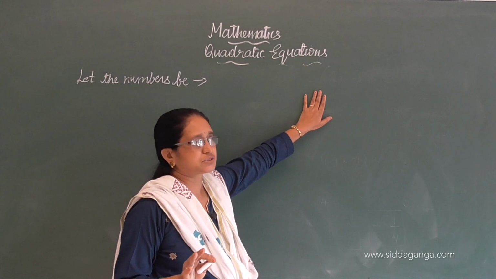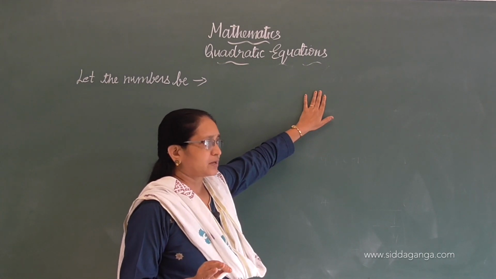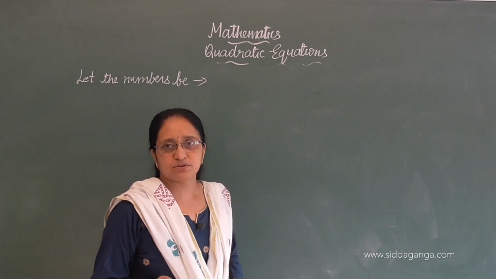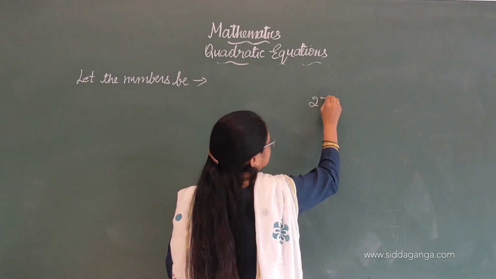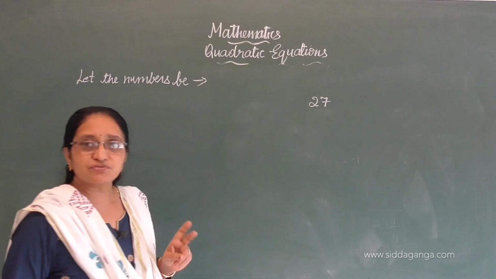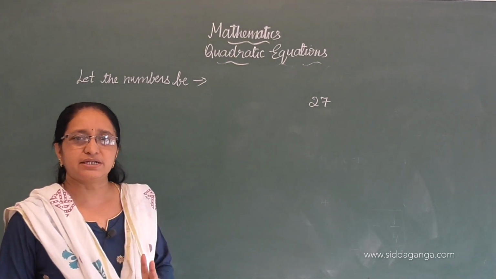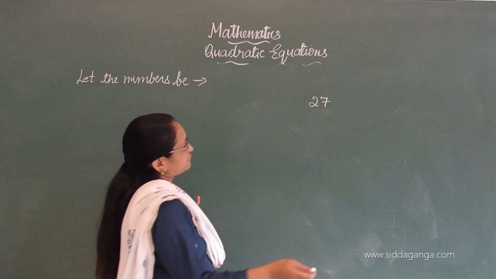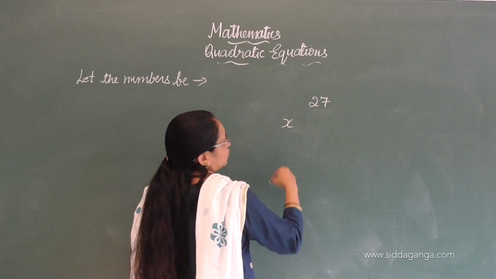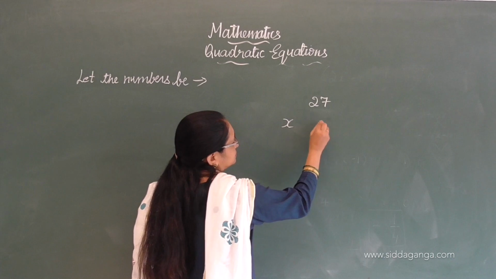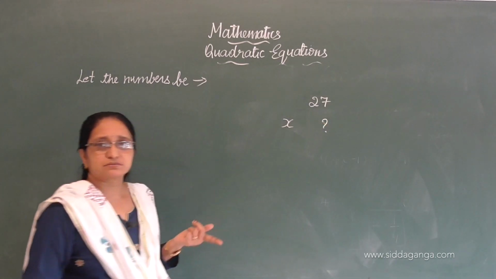So then they have asked you to find out the numbers, two numbers. Okay. So here the sum of the two numbers is 27. If suppose you take one number as x, what will be the other number?